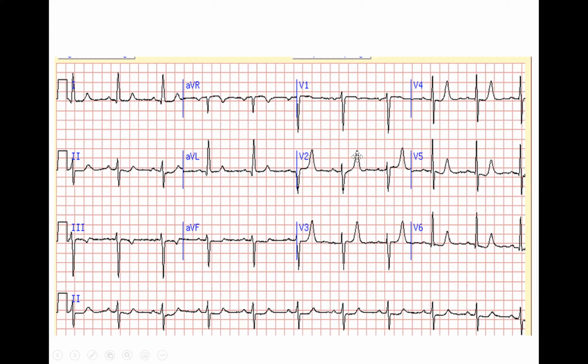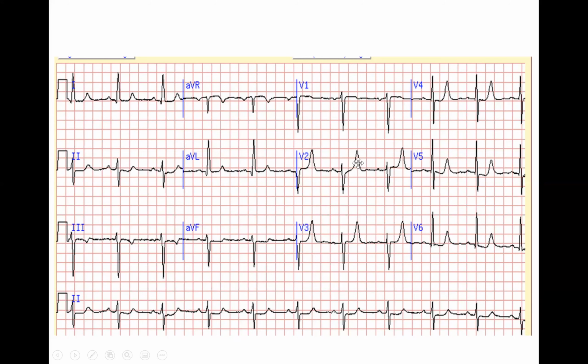Ischemia does not give you a tall, tented T wave. Tented means when it is sharp. Ischemia may initially give you shortening, or a hyperacute T wave gives you prolongation. But this appearance, tall and tented, looks like a triangle here.